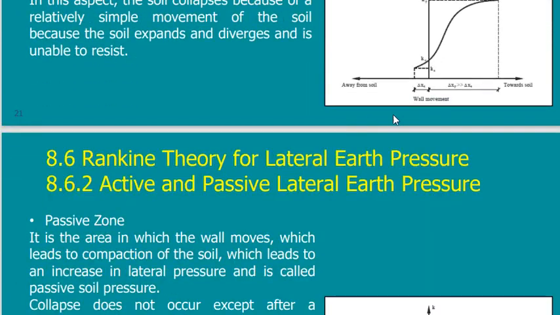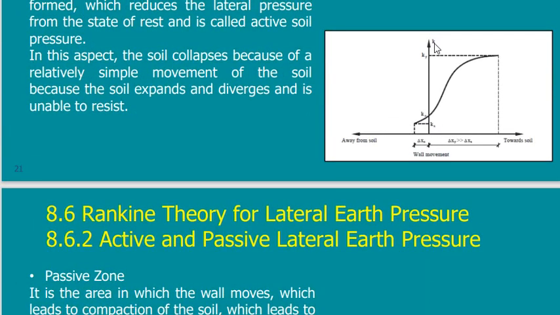So this chart shows you how much K passive is stronger than K naught. This is K naught. K naught is the at rest. This is K active. It is less than the at rest, but K passive can reach maybe 6 times the K active.